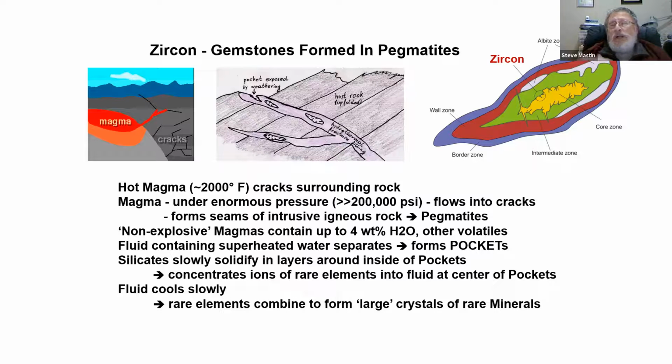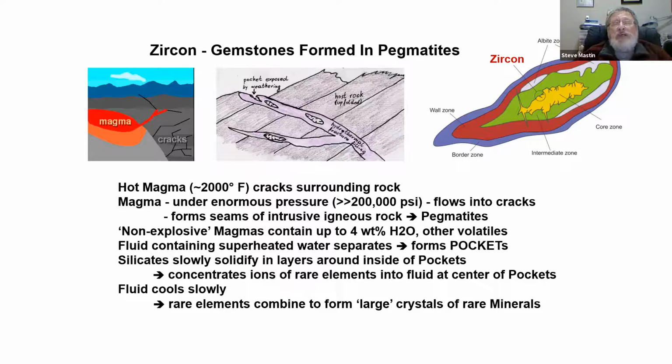And so to review what pegmatite formation is like, you've got hot magma coming up out of the lower mantle. It cracks the surrounding cold rock when it hits it. It's under enormous pressure, so it flows into those cracks. And eventually, when that magma cools, it forms seams that are called pegmatites.